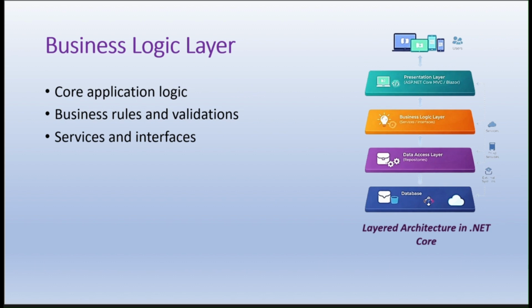Now next is the business logic layer. The business logic layer contains the core rules of the application. This is where decisions are made, such as whether a user can place an order or whether a discount is applicable. In .NET Core, this layer usually contains services and interfaces, which make the code easy to test and maintain.